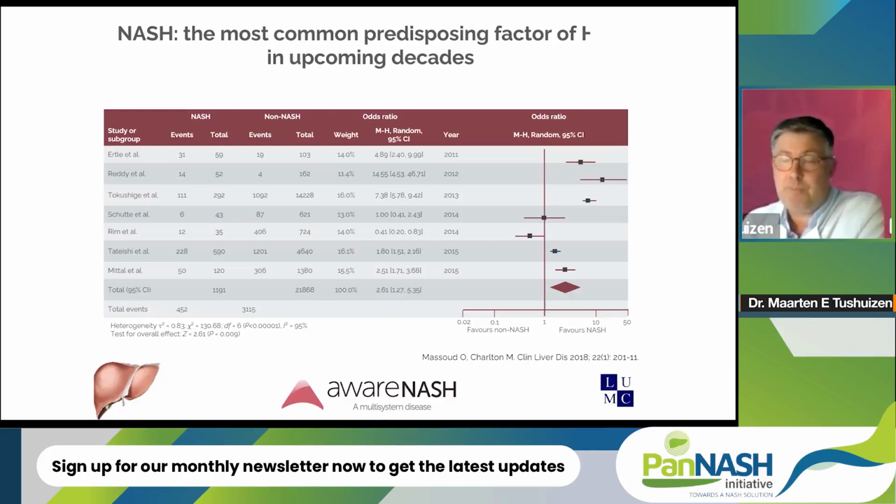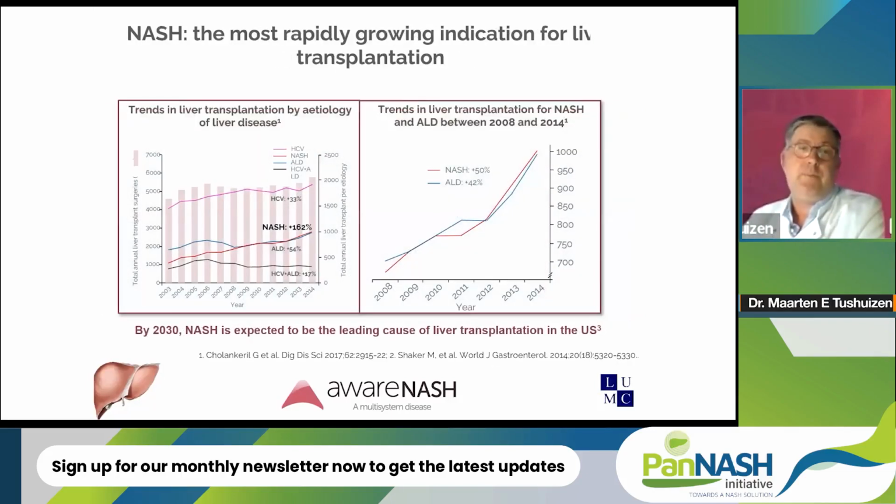So it will not be surprising that NASH and NAFLD will also be the most rapidly growing indication for liver transplantation. So I will come to my final slide.